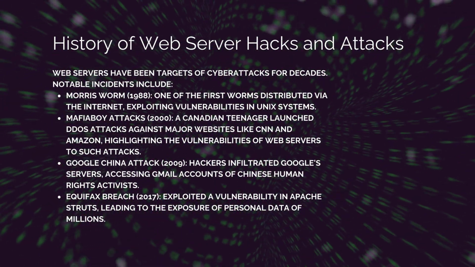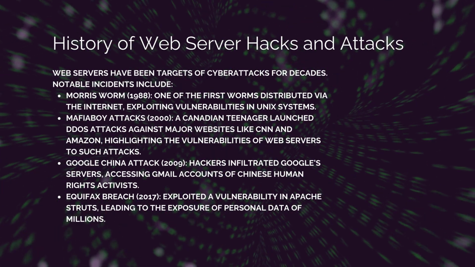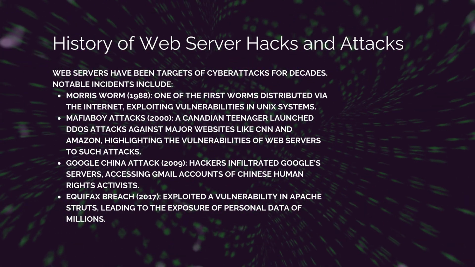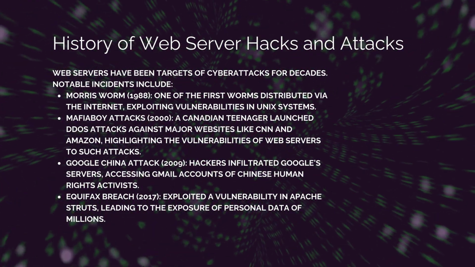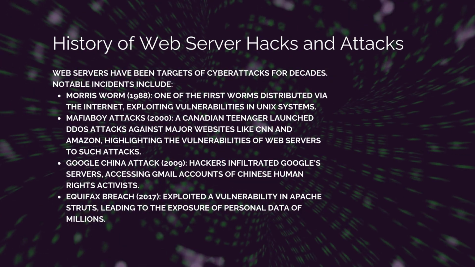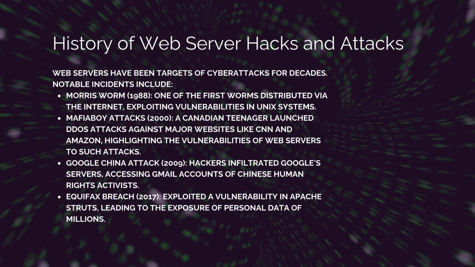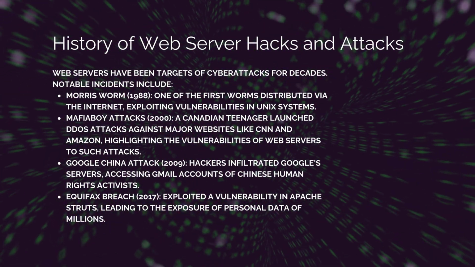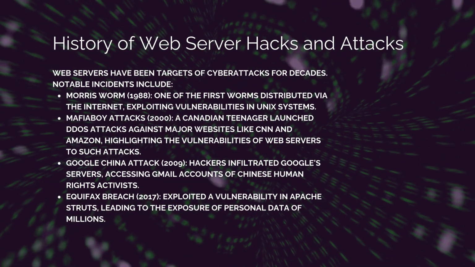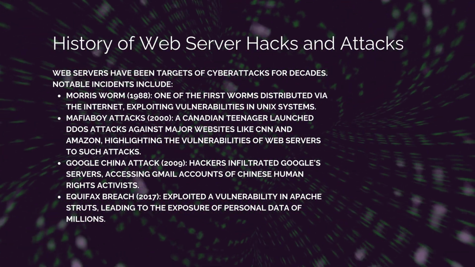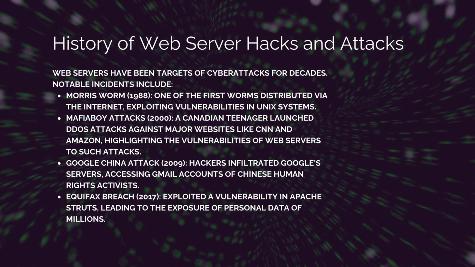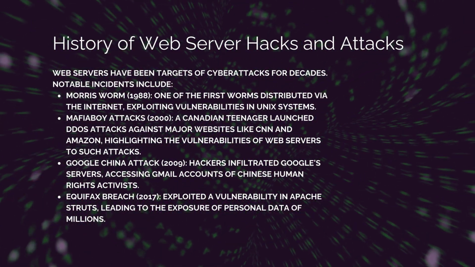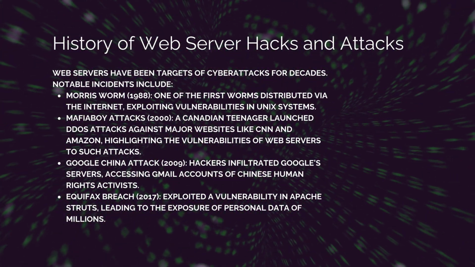There's the Equifax data breach from 2017, where four members of China's People's Liberation Army, as indicated by the US Department of Justice, carried out a massive data breach compromising personal information from approximately 147.9 million people. Now, these incidents demonstrate the evolving nature of cyber threats and the necessity for vigilant cybersecurity measures.